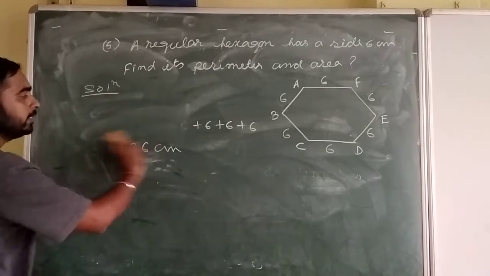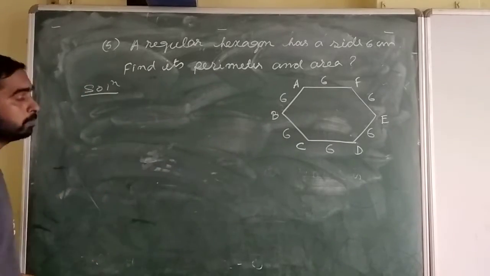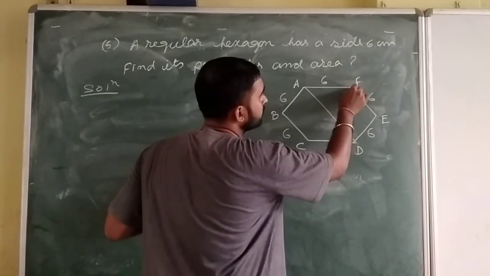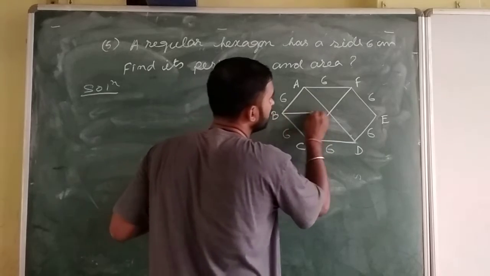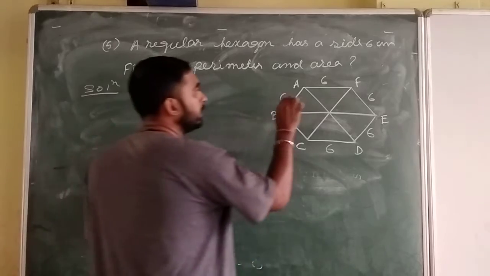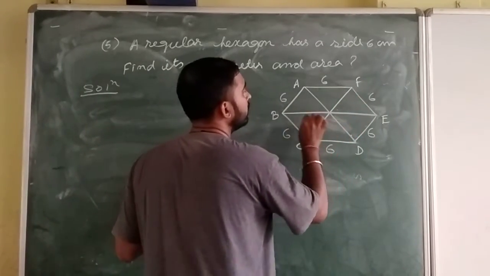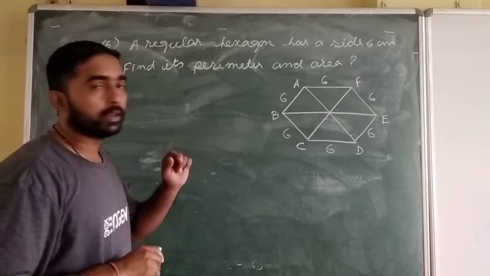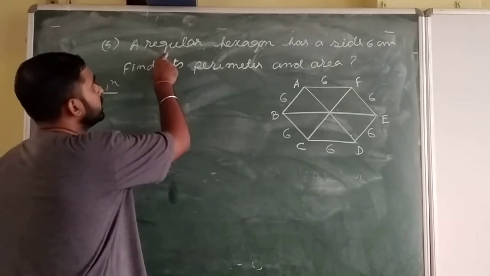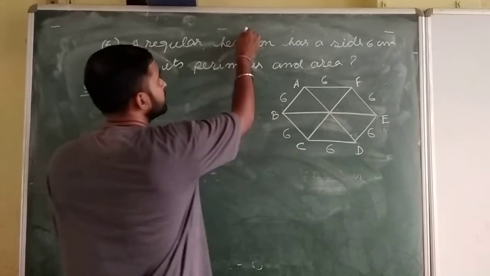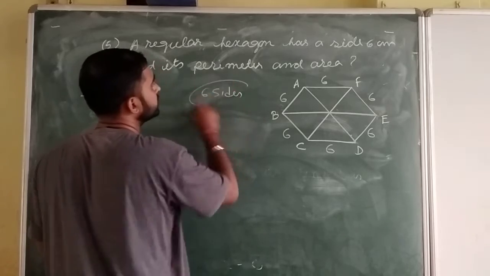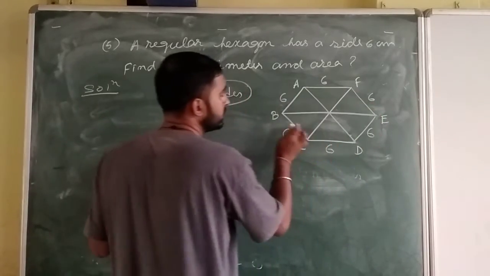Find the area. In area there is a specific property. In a regular polygon, if we draw the diagonals, it divides the polygon into equilateral triangles. Hexagon means 6 sides: 1, 2, 3, 4, 5 and 6.